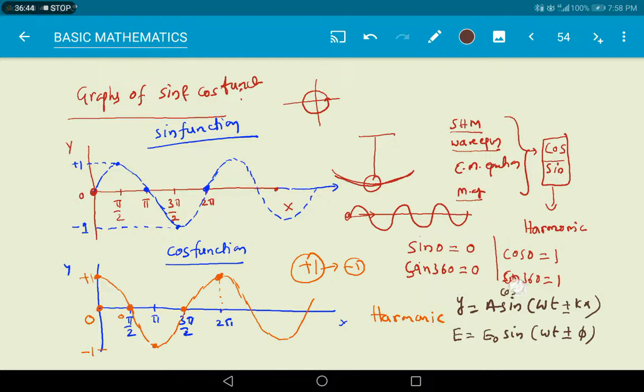If you use the cos function, the wave starts from plus 1, the extreme position. If you represent it with the sine function, the wave starts from the origin, the mean position. That is the difference between the sine and cos function.